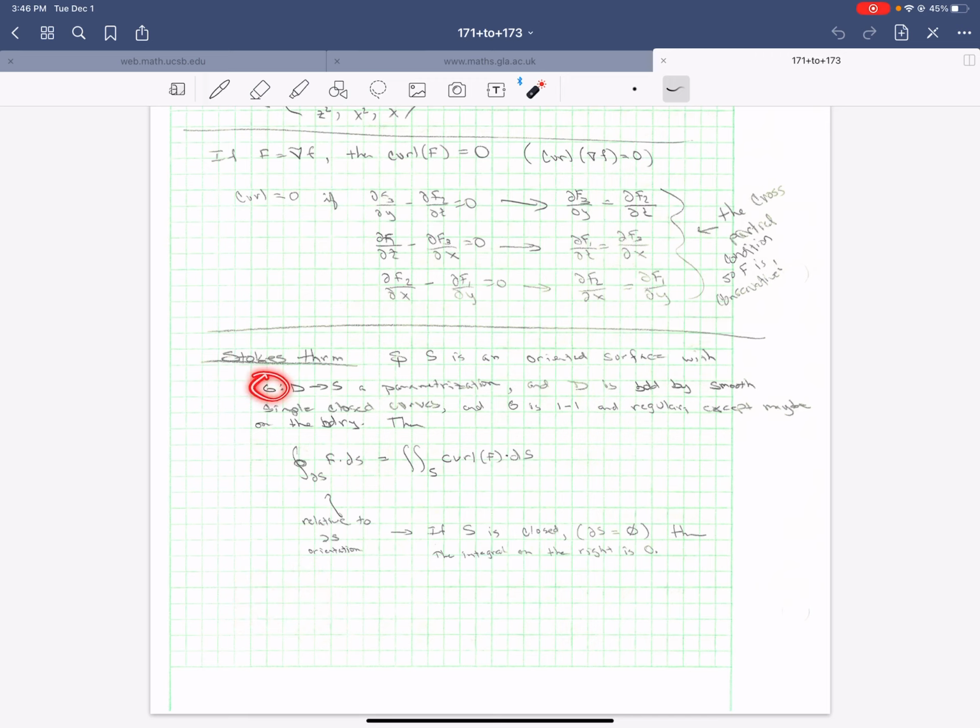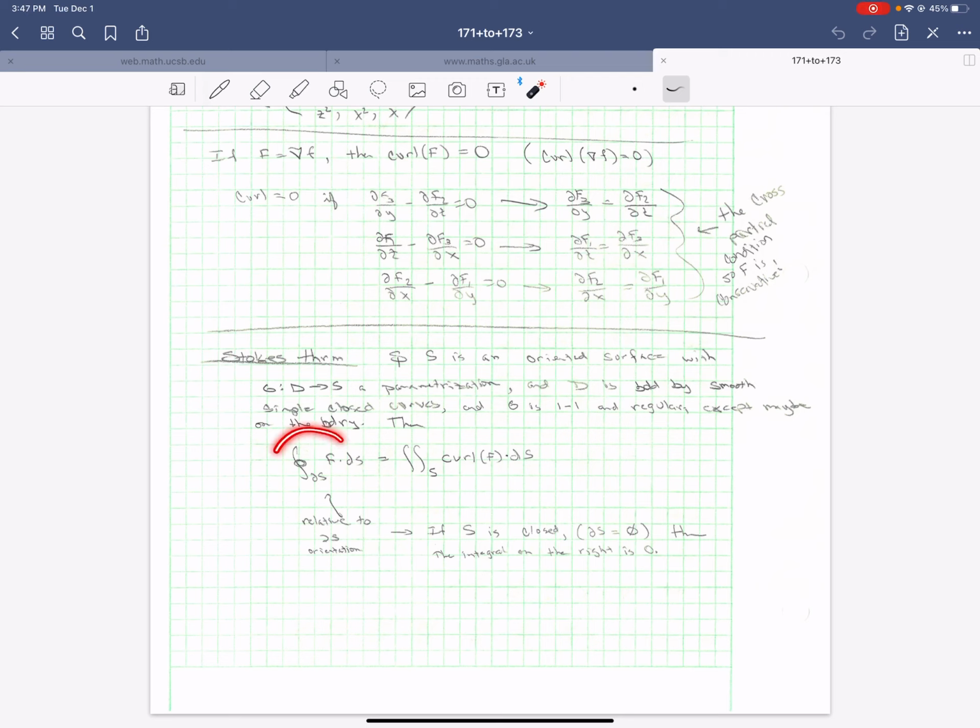But that g takes two variables from a domain, and it maps it onto a surface. Then D is that boundary, and it's a simple closed curve, so it doesn't intersect itself. G is 1-to-1, meaning it's invertible, and it's regular, meaning that the normal vectors and tangent vectors aren't ever 0, except maybe on the boundary.